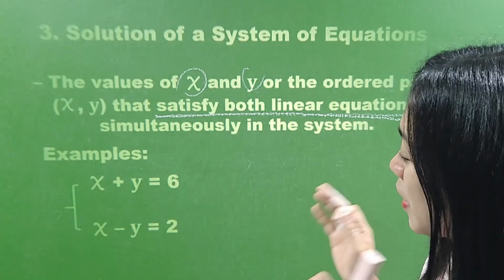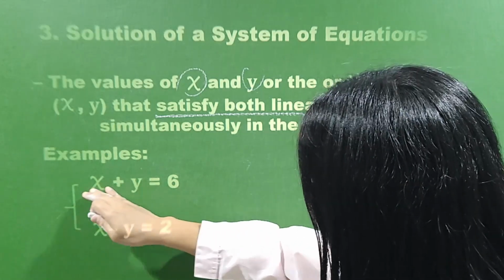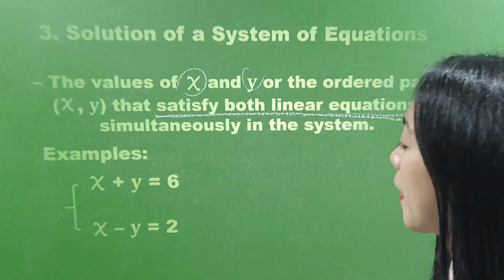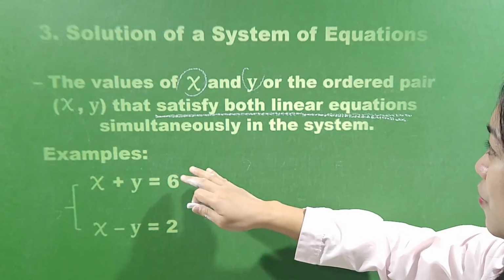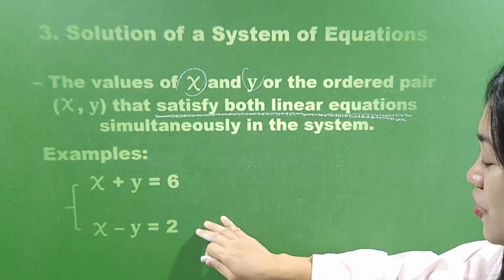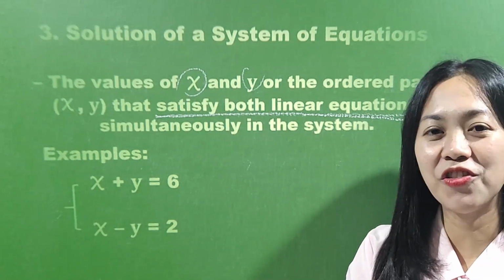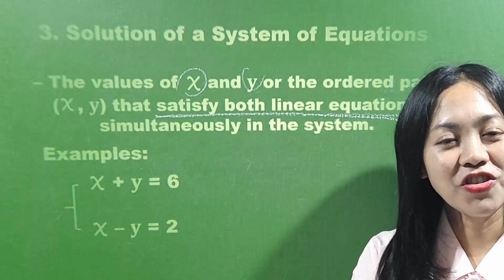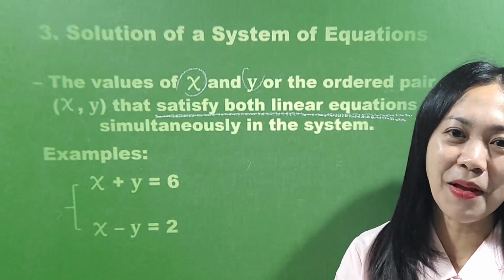Actually, there are a lot of values that we can substitute to x and y, but let's be more specific. We will be finding the solution where the values of x and y are natural numbers. So the condition is the values of x and y must be natural numbers.